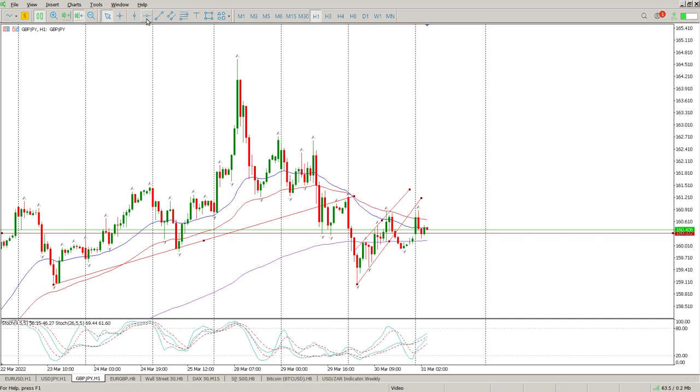So the other scenario, if you want to be really cautious, which is always a good thing, is wait for a break and retest of 159.933. If we break below that and retest, that sort of gives us a new lower low, and also validates a double top here.